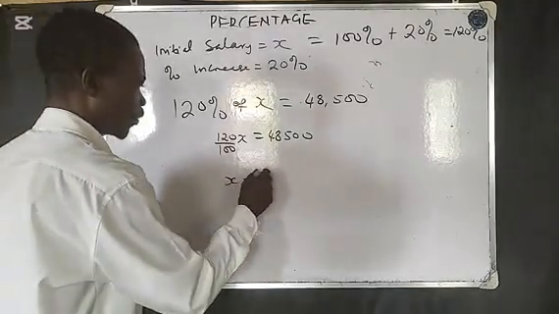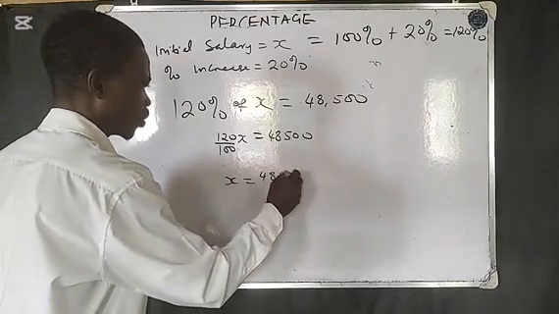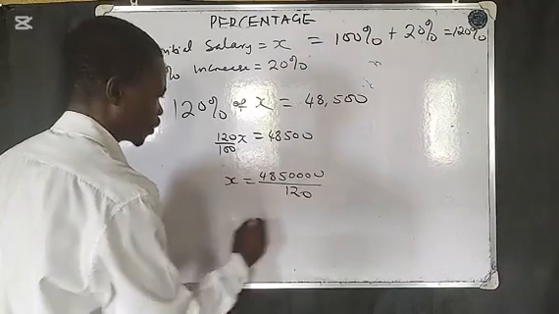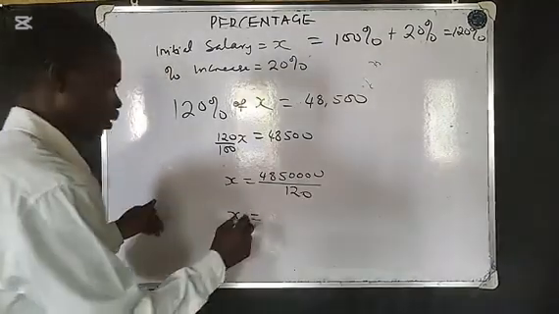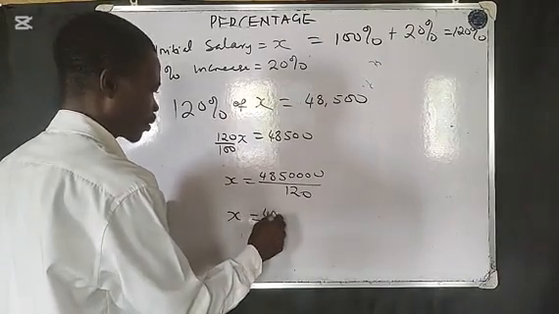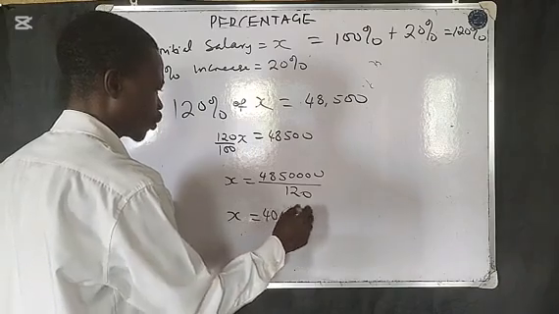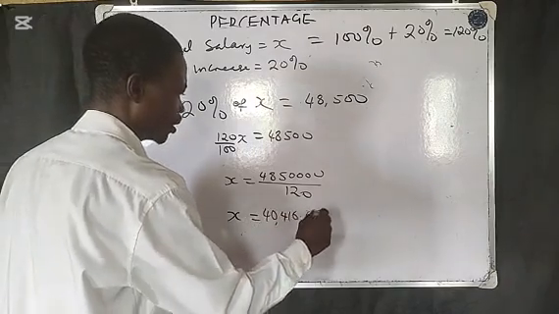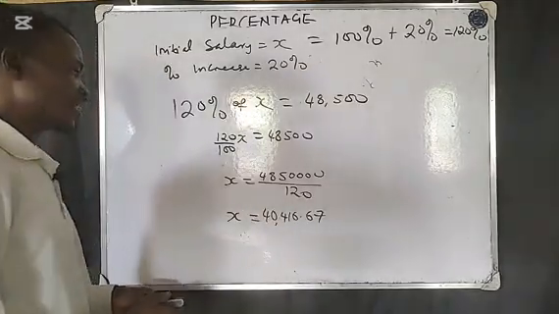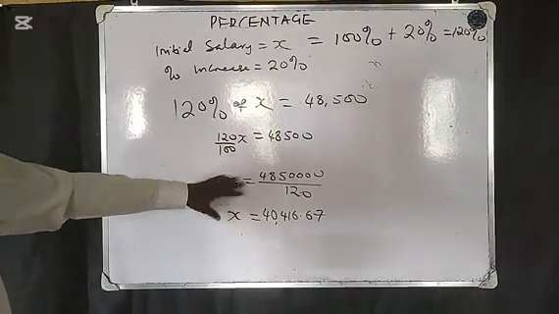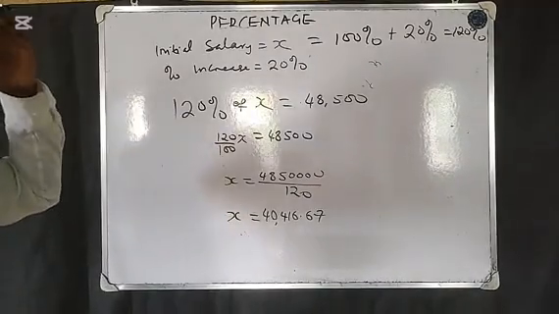That is 48,500 divided by 120. X equals 404.17? The value is 0.67. So this is the value at the initial time before it was increased by 20%.